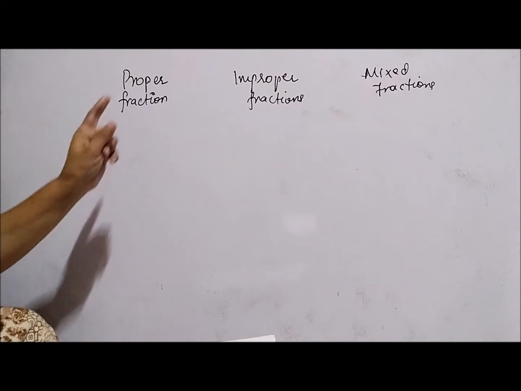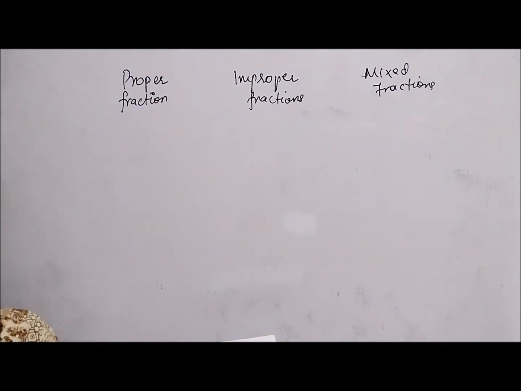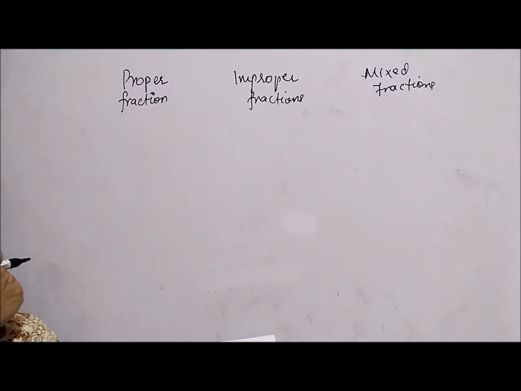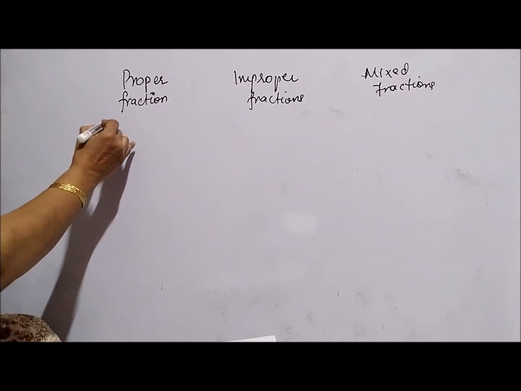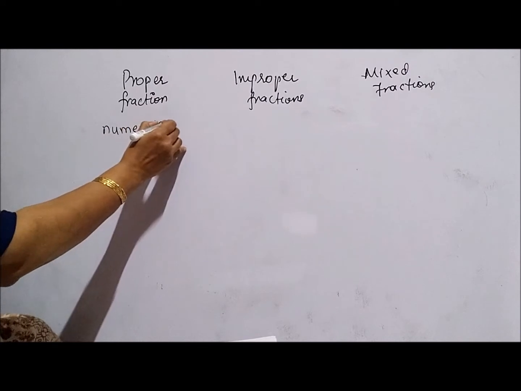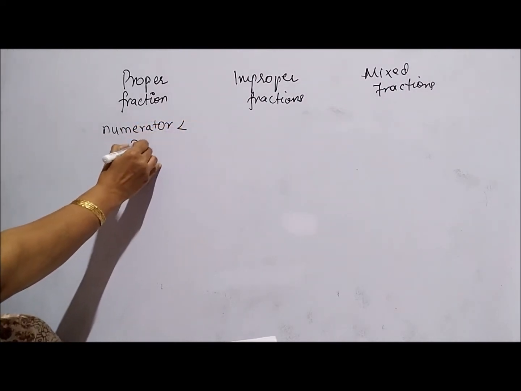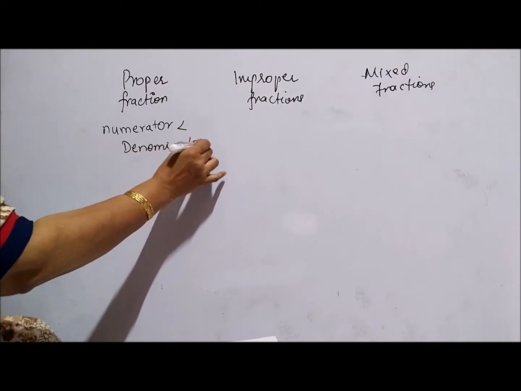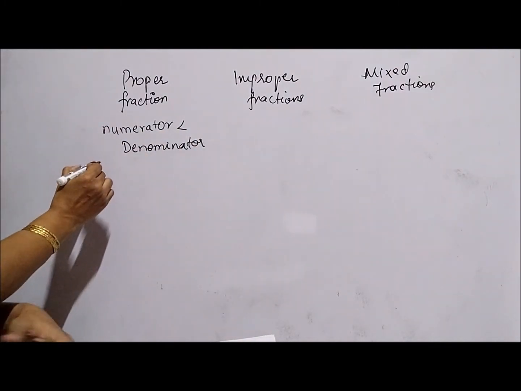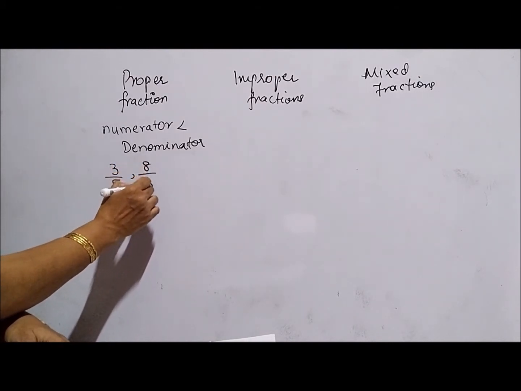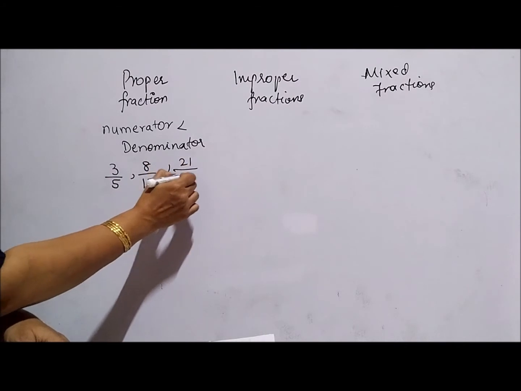Now, let us see the 3 types of fractions that we have. Proper fraction, improper fraction, mixed fraction. Proper fraction is the numerator will be less than the denominator. Example, 3 by 5, 8 by 15, 21 by 50.